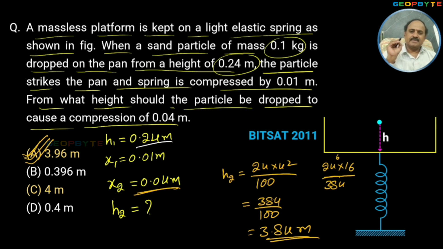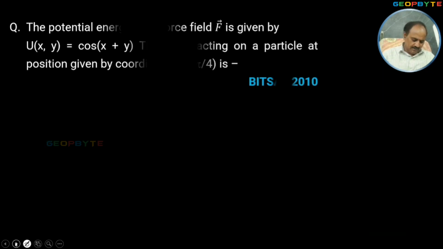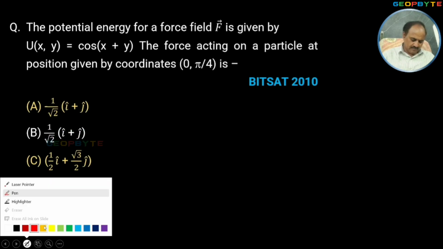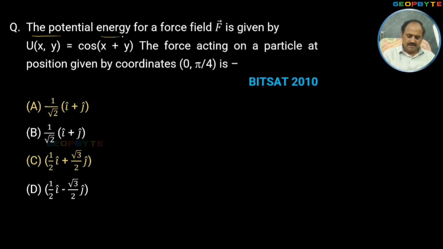Understood clearly? Similarly, let us take another important problem. Look at the screen. It is asking like this. The potential energy for a force field F bar is given in terms of x and y as cos x plus y.